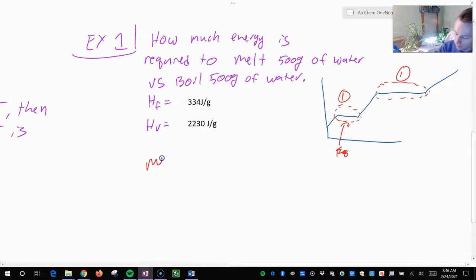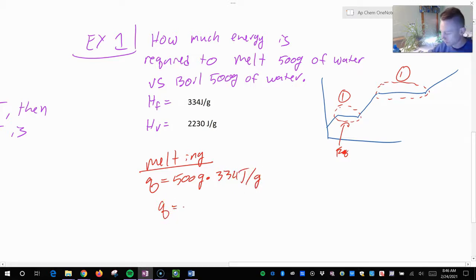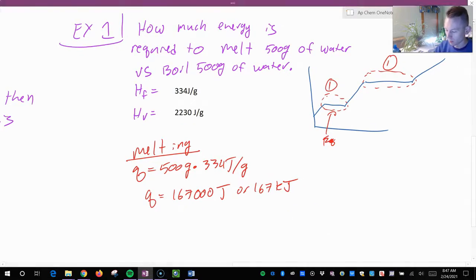So for melting, we do Q equals the mass, so 500 grams, times the heat of fusion, so then Q would equal that. That'd be the melting one.